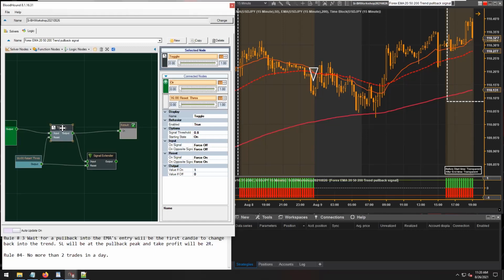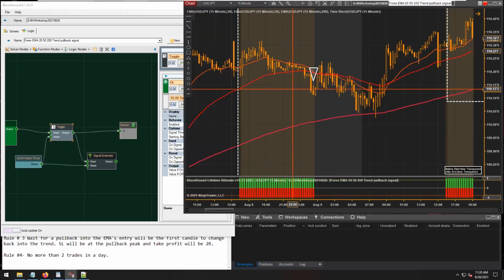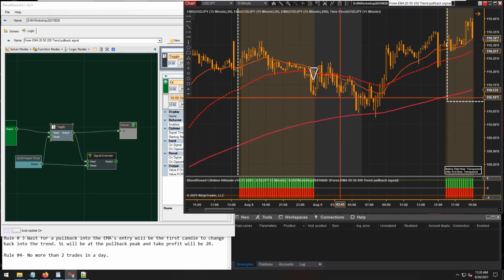The toggle node is being used to identify or track whether a crossover occurs during the overnight Asian session.